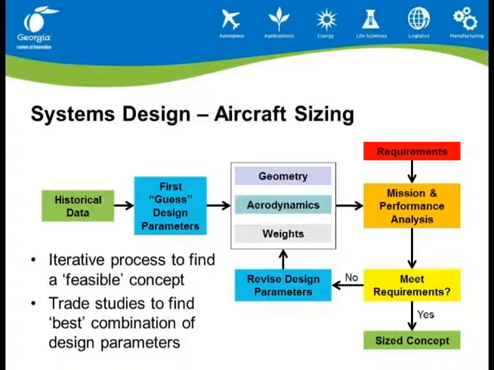If it's no, we go back, revise the design parameters, go back through the analysis, and we do this circle many times until we get a vehicle that actually is feasible, it works. And we call that a sized concept, that green box down at the bottom right-hand side. The sized concept is not necessarily the best one, it's simply one that is physically feasible. It actually will work. You have to do some trade studies to determine the best combination of design parameters to be able to meet the mission.